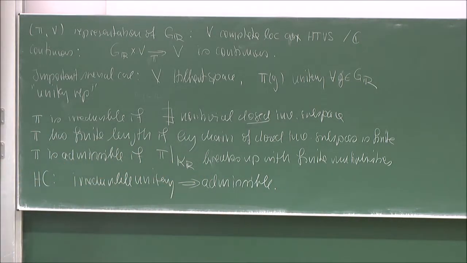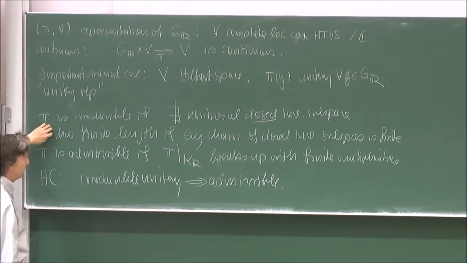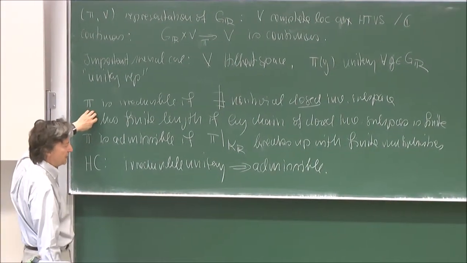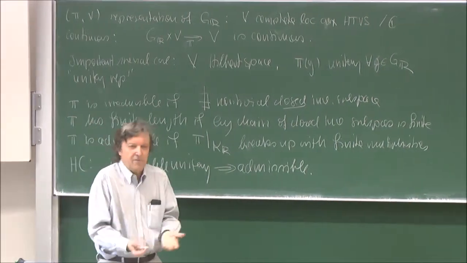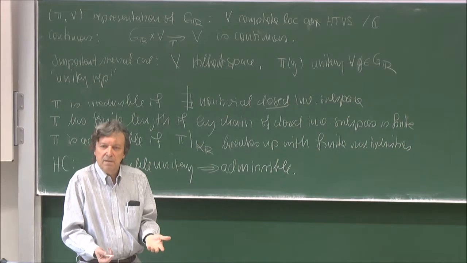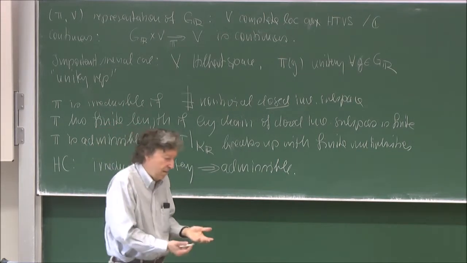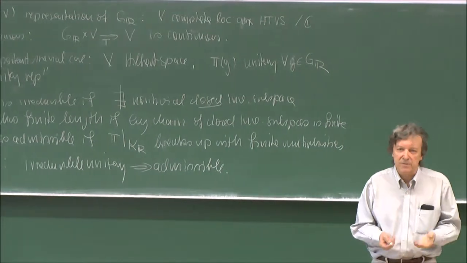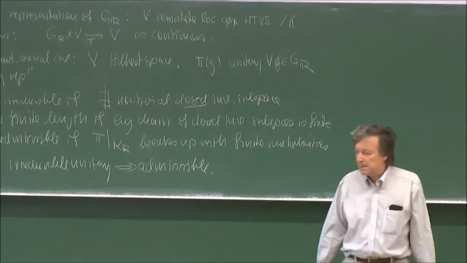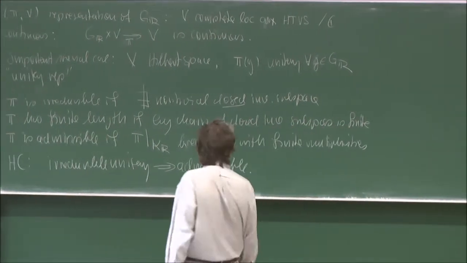So, vaguely speaking, if one looks at representations in this general context, which are of finite length and admissible, that in some sense is the class of representations to consider. And then in this class we have the irreducible unitary representations that we are particularly interested in.